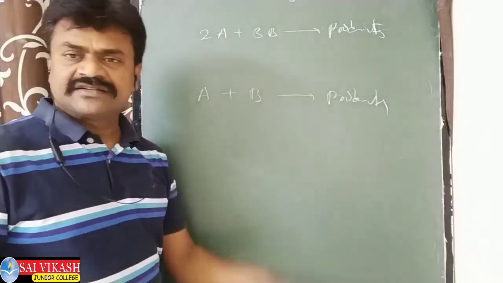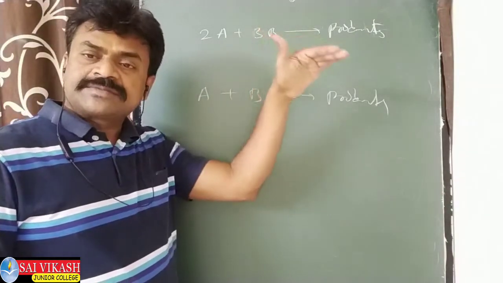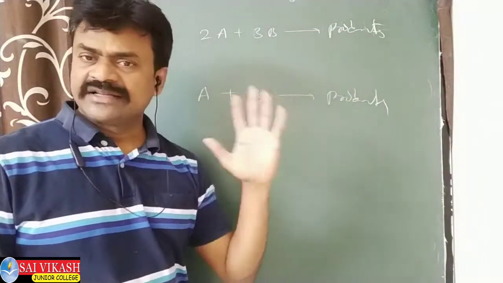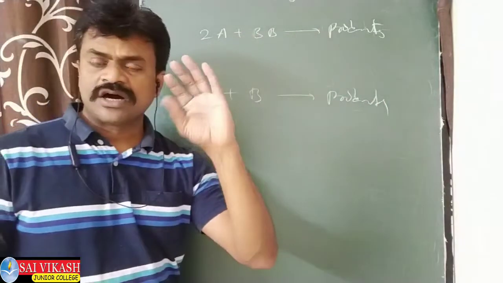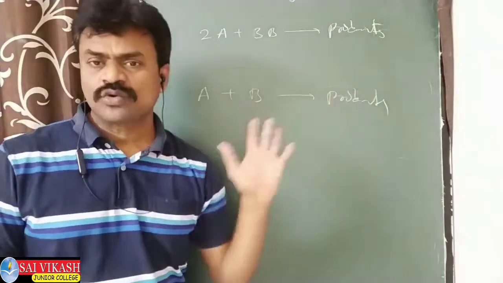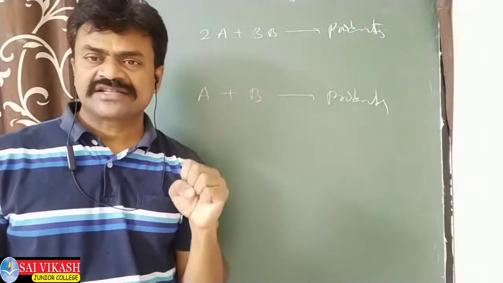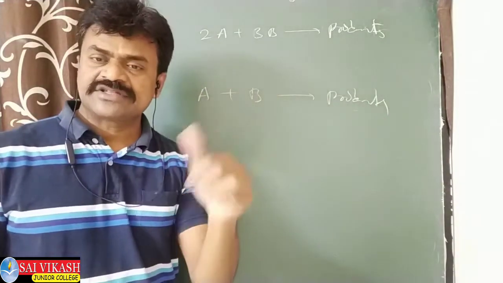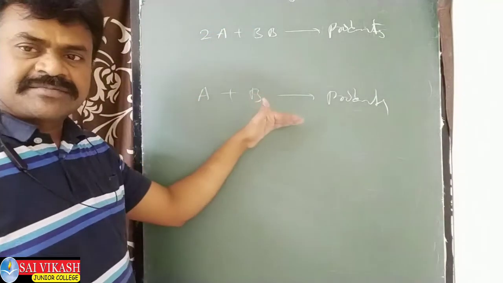Suppose if it is given, it means this reaction may take place in several steps, step number 1, 2, 3, 4, like that. We don't know about all those several steps. Whatever the steps are there, out of all these several steps, the slowest step should be known. They will give it in exams. Suppose for this reaction, the slowest step is this.